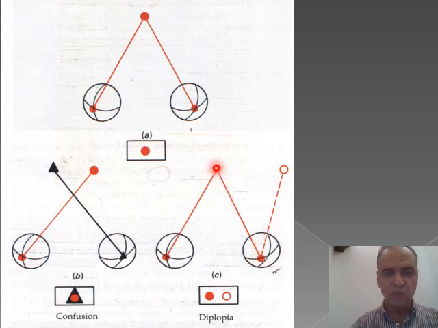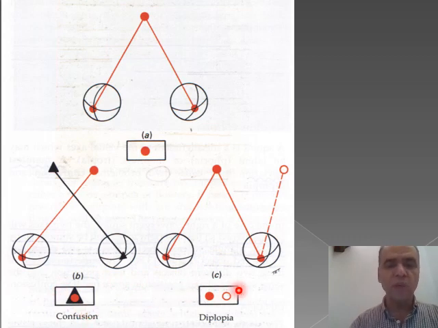So one object stimulates two non-corresponding retinal points. Because this point is located on the nasal retina, it is projected in the central nervous system as if it is coming from the right of the visual field. For this reason, there is diplopia. So a patient with squint complains of either confusion or diplopia.